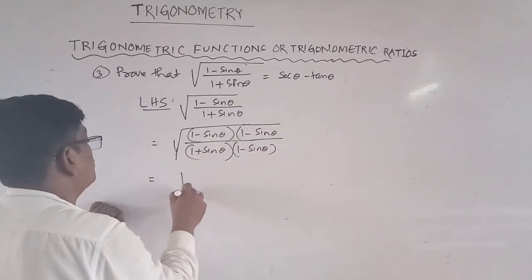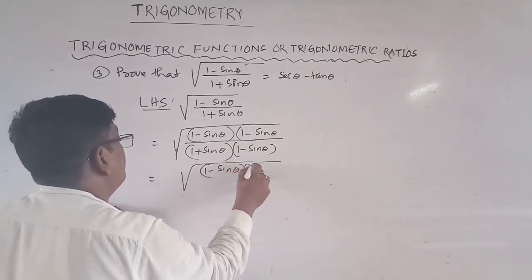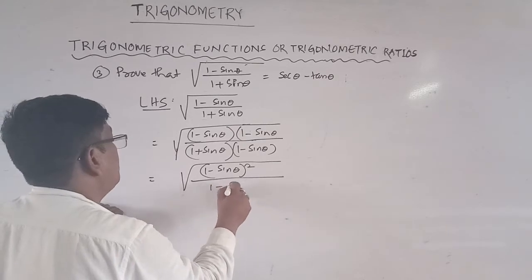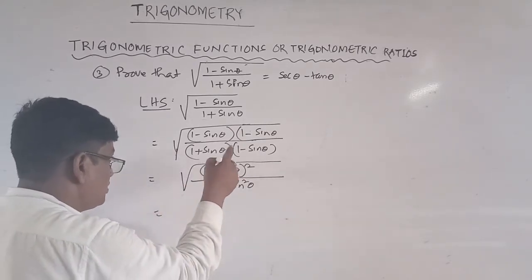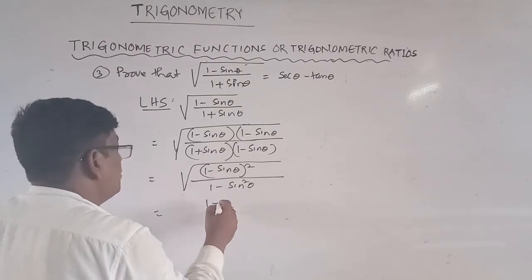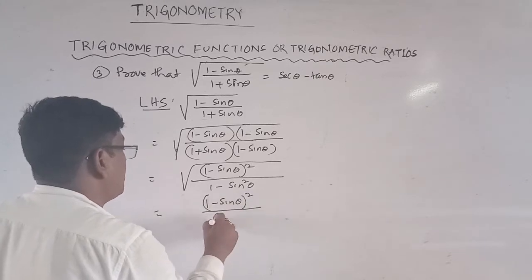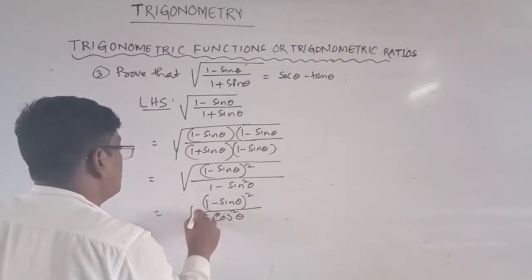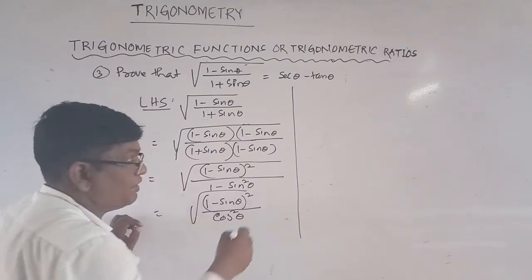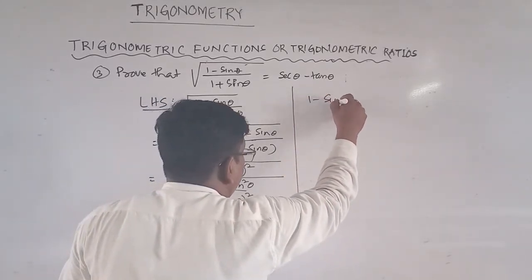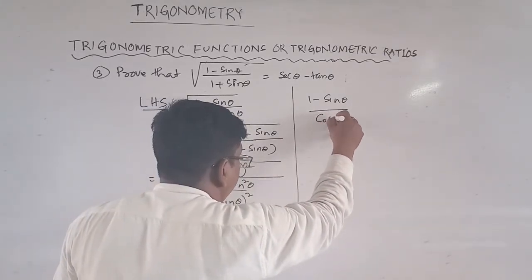So this is equal to square root of (1 minus sin theta) whole square divided by 1 minus sin square theta. And 1 minus sin square theta means cos square theta. So square root of (1 minus sin theta) whole square divided by cos square theta. Root of the square means 1 minus sin theta, and root of cos square theta means cos theta.